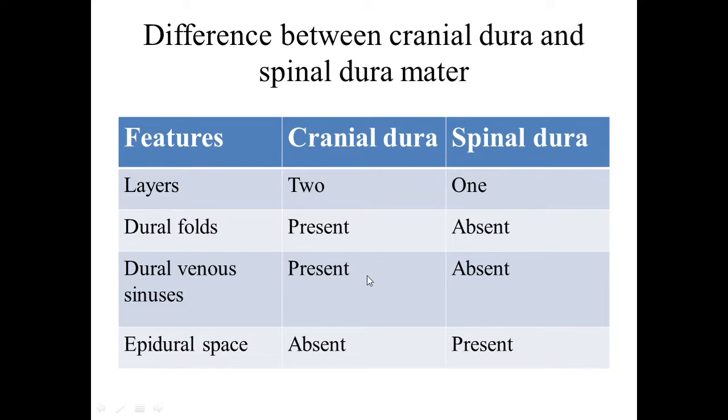In the cranium you can see dural venous sinuses, which are absent in the spinal dura mater. And the epidural space is present in the spinal dura, while it is absent in the cranium. So these are the differences between the cranial dura and spinal dura.